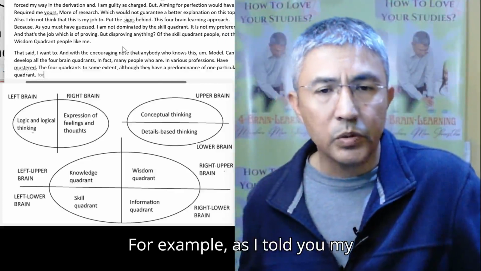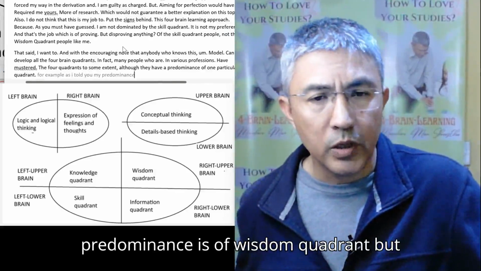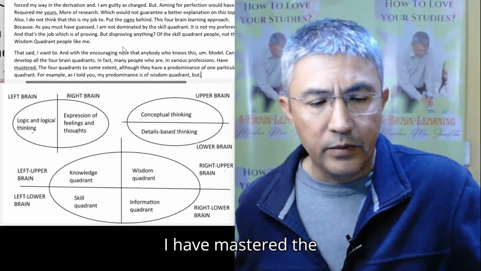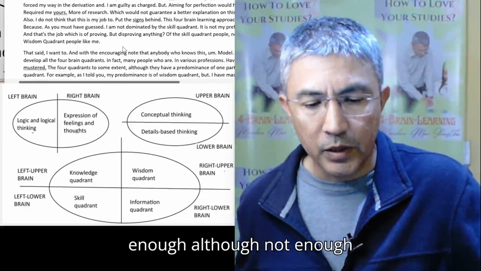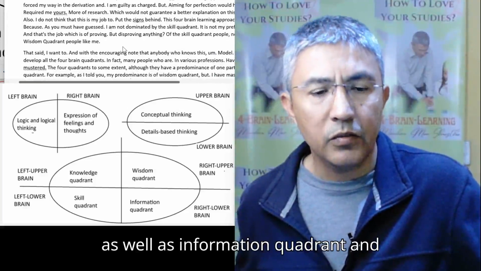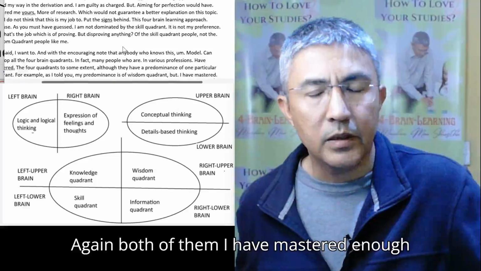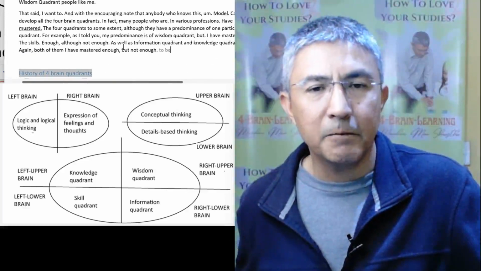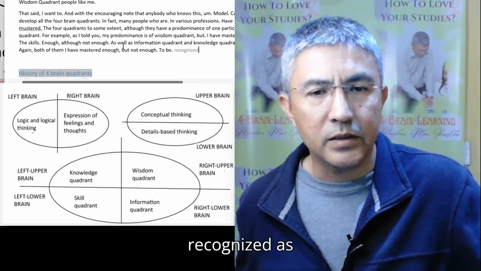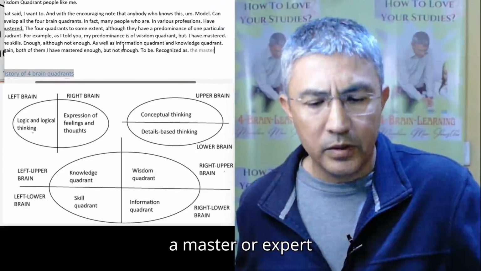For example, as I told you, my predominance is the wisdom quadrant, but I have mastered the skill quadrant, as well as the information quadrant and knowledge quadrant, enough, although not enough to be recognized as a master or expert or a genius.